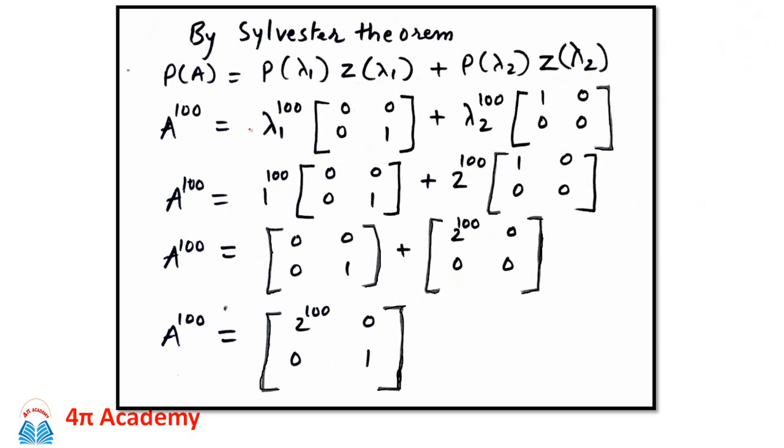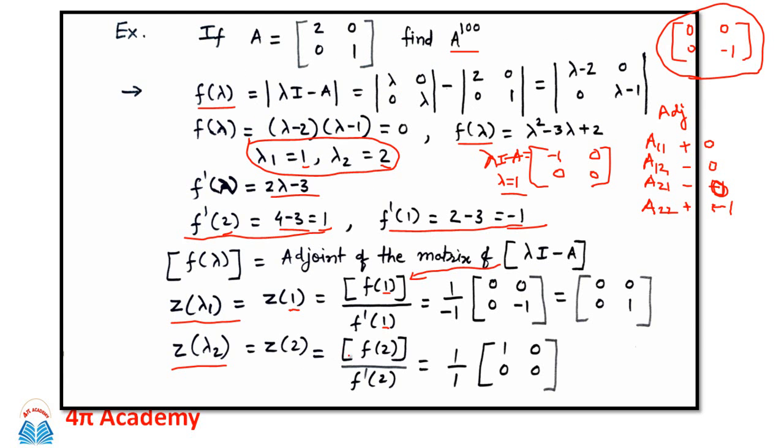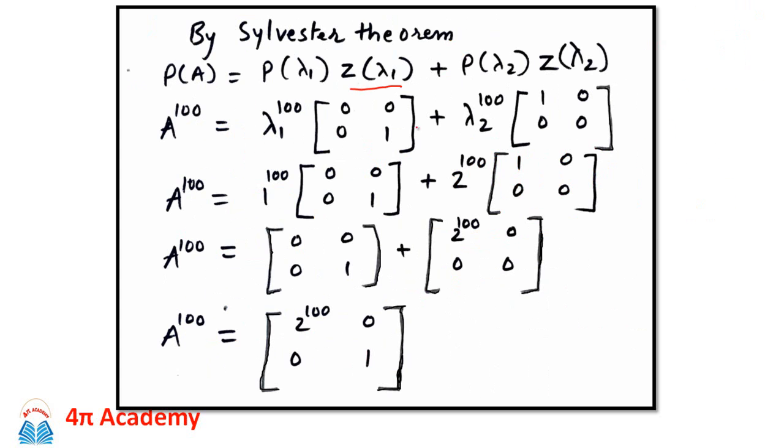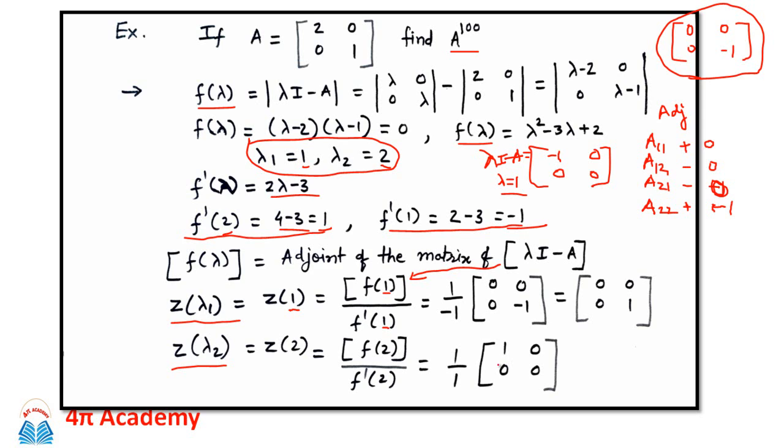So A raised to power 100 will be equal to lambda 1 raised to power 100, because P of lambda 1 is nothing but the eigenvalue lambda 1, and you have to take the power as 100, and then you substitute here Z of lambda 1, which is 0, 0, 0, 1, plus the second eigenvalue lambda 2 raised to 100, and then you substitute here Z of lambda 2 which is 1, 0, 0, 0.